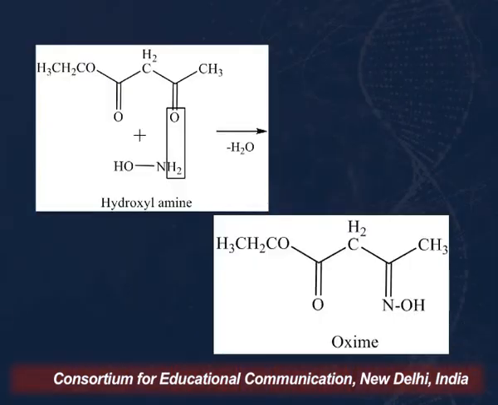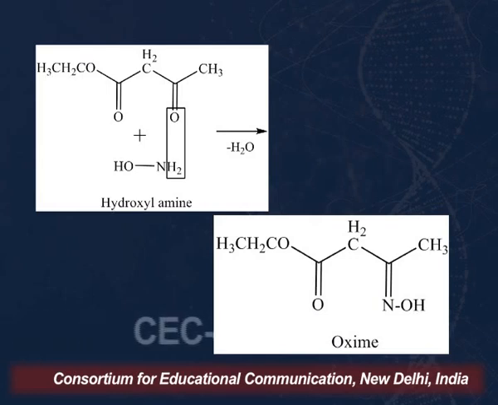As you can see on your screen, ethyl acetoacetate reacts with hydroxylamine, resulting in formation of oxime, and this is a condensation reaction because in this a water molecule is eliminated along with the addition compound that is being formed, and a double bond is created between the lone pair of electrons on nitrogen and the carbonyl carbon.